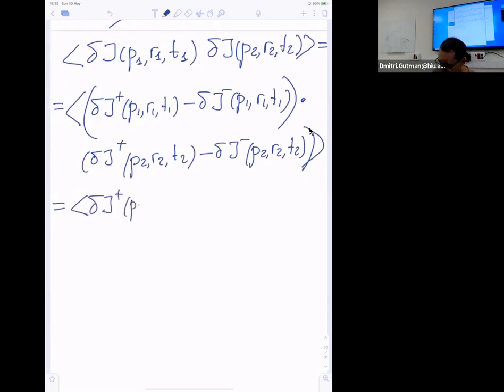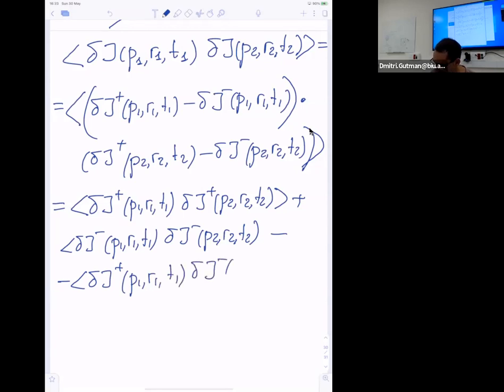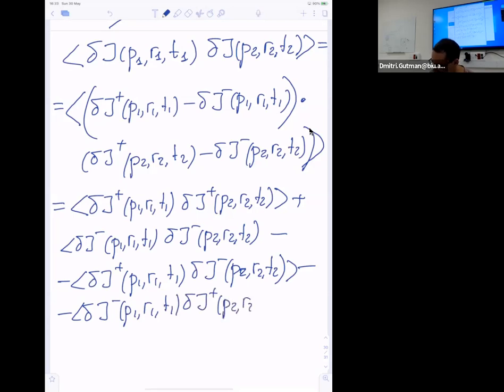Delta J plus P1, R1, T1, delta J plus P2, R2, T2, plus delta J minus P1, R1, T1, delta J minus P2, R2, T2, minus delta J plus P1, R1, T1, delta J minus P2, R2, T2, minus delta J minus P1, R1, T1, delta J plus P2, R2, T2. Okay.